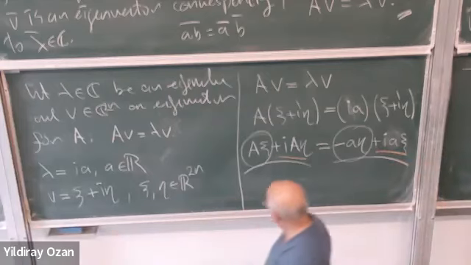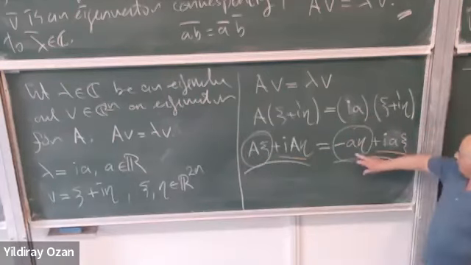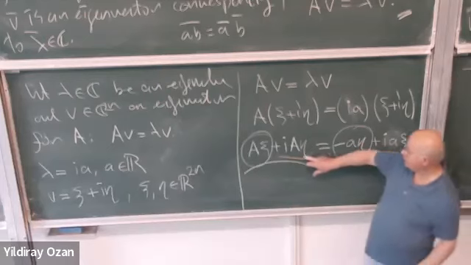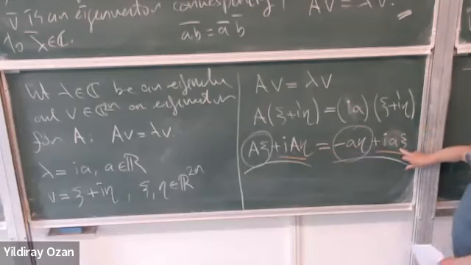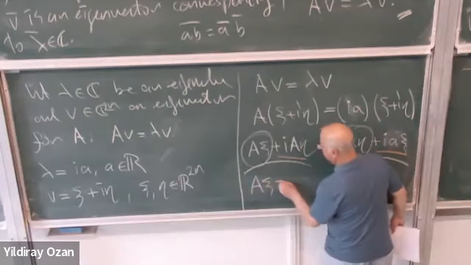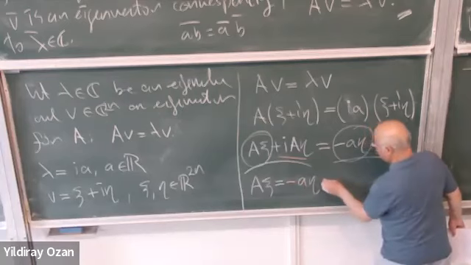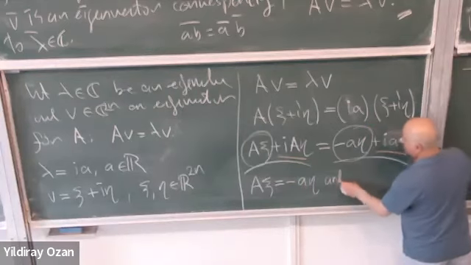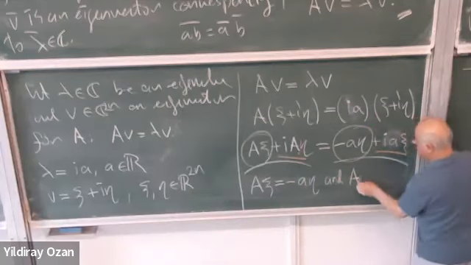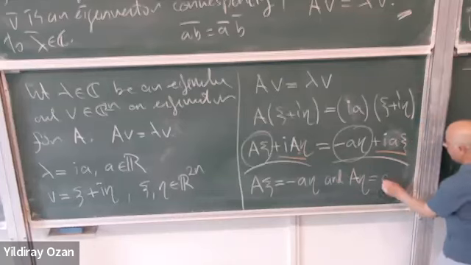Since they are equal, this real part has to be the real part here, and this imaginary part has to be the imaginary part here. Therefore, A times C is just minus a times mu, and A times mu is a times C.